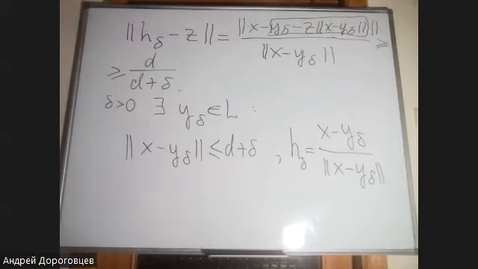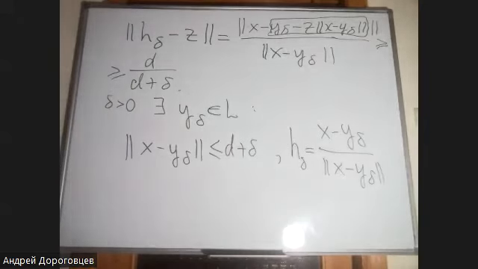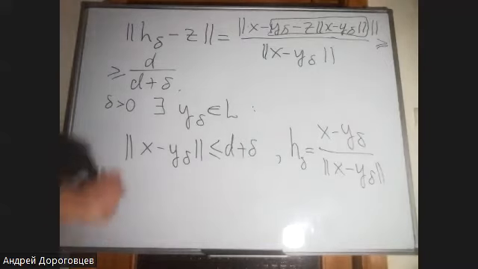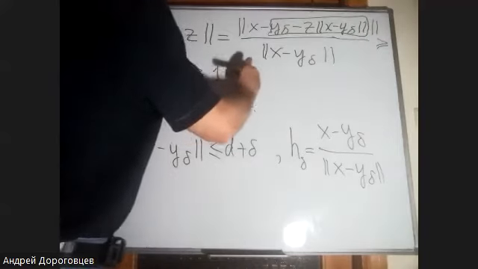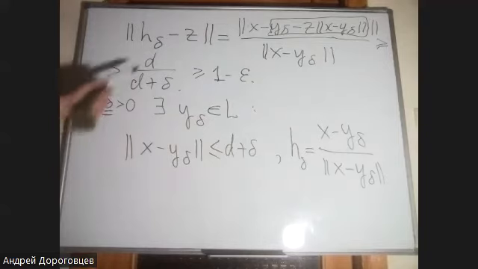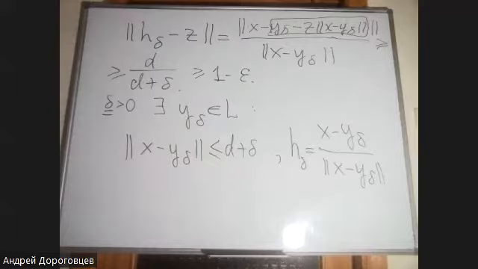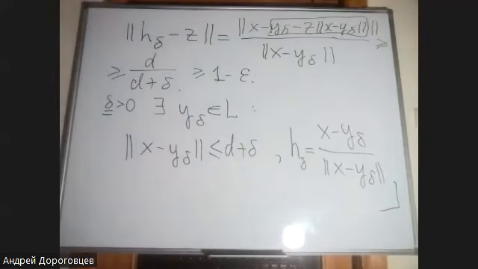So we have such an inequality, and what I have to do now is choose delta in such a way that it will be greater than 1 minus epsilon. It's easy to do this because d is a fixed positive number and the expression goes to 1 as delta tends to 0. So we have such a form of almost orthogonal vector to our linear subspace.